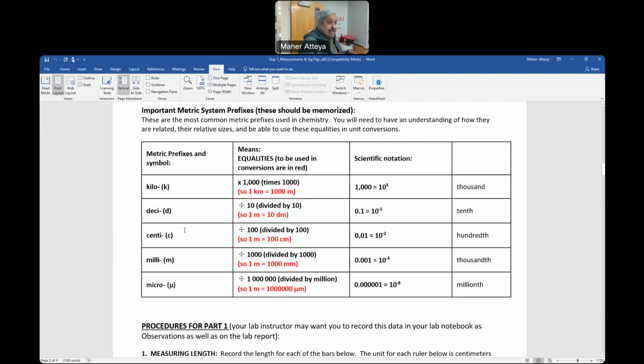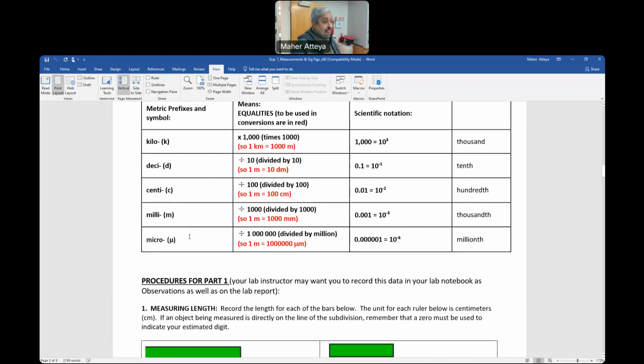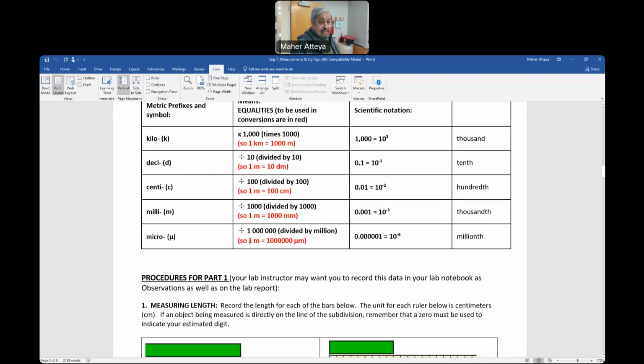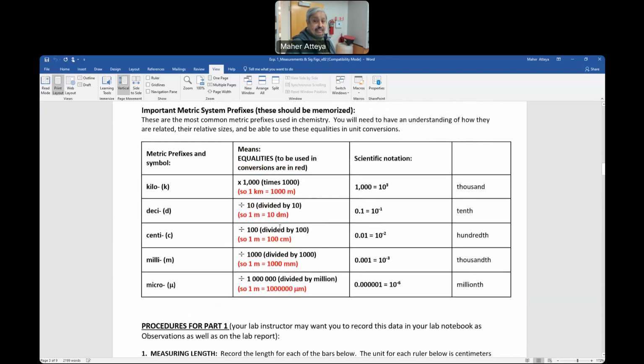So here, as you can see, it just tells you what kilo is. Kilo is 1,000. Deci is 10 to the minus 1. Centi is 10 to the minus 2. Milli, 10 to the minus 3. Micro, 10 to the minus 6, and so on. So you can see all those here just to give you the idea of how to do some conversions.